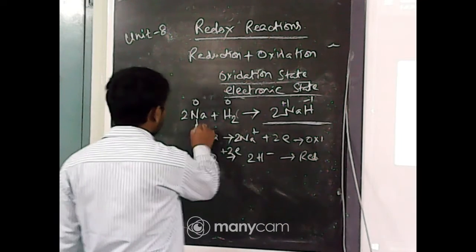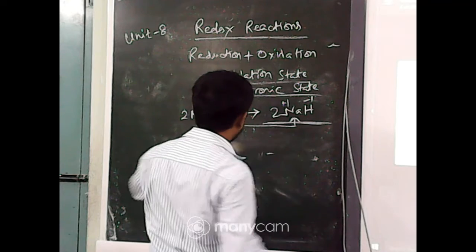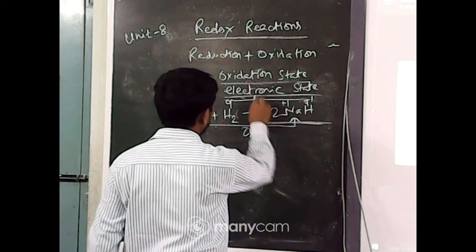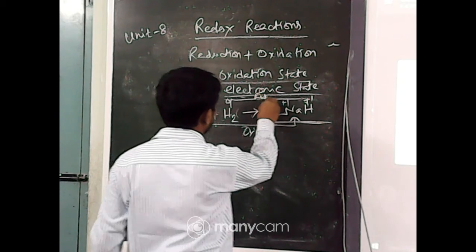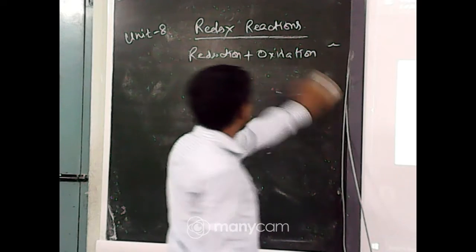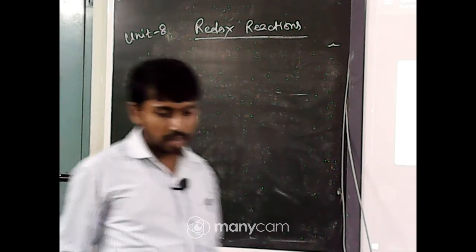So here we can say that sodium is oxidized and hydrogen is reduced. At the same time, we can show that both oxidation and reduction occur simultaneously, right?